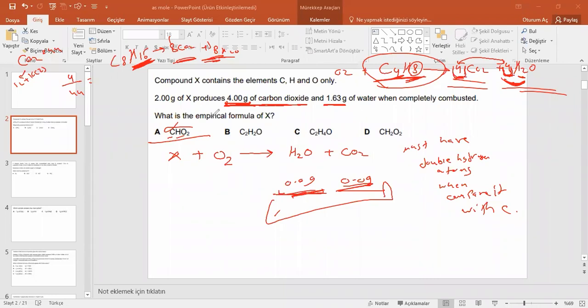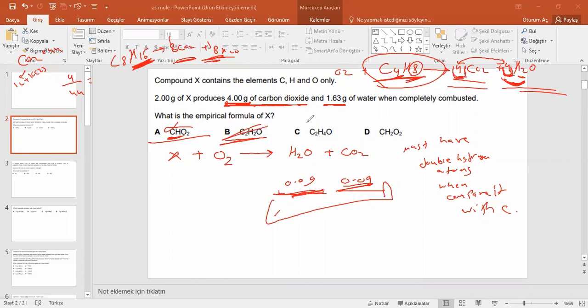So according to this, guys, we can ignore option A because C and H have the same number of moles in here, and B as well. Carbon and hydrogen both have the same number of moles, so we ignore these two.